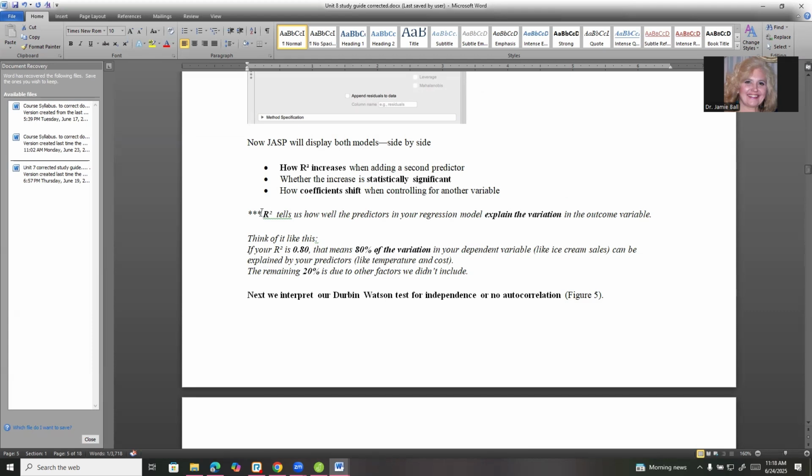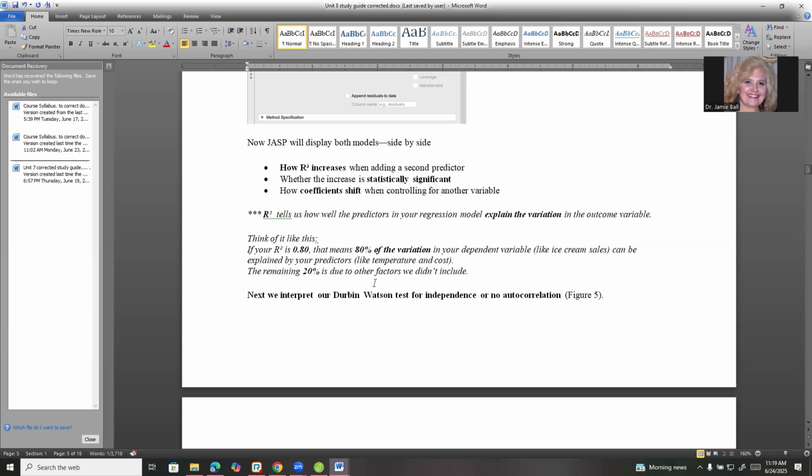Now remember, R squared tells us how much influence our predictor has over the outcome variable. So if R squared is 0.8, 80% of the variation in that score, like ice cream sales, is due to the average hourly temperature. Or in our example, job satisfaction might explain 80% of organizational commitment.